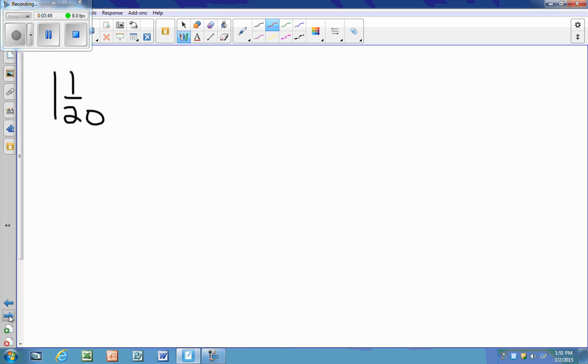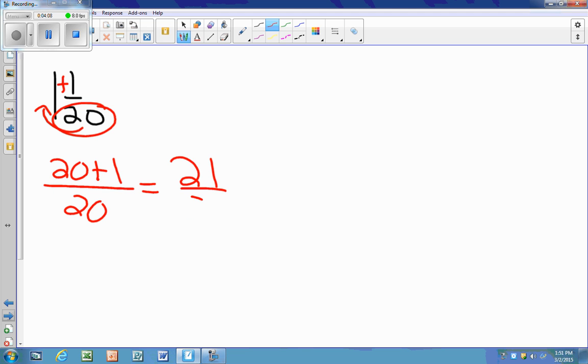Next is 1 and 1/20th. And we have said that whenever we work with mixed numbers, we need to turn them into improper fractions. So 20 times 1 is 20. And then we have to add 1 plus 1 over my original 20. So we end up with 21/20ths.